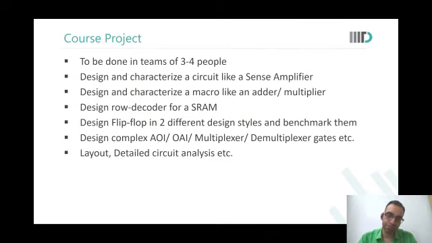Regarding this, there were many under the complex gates, and then there was a sense amplifier. So sir, can you give an idea about this? Actually, this is something very new. Sense amplifiers are circuits which are used inside memories to amplify a small differential on bit lines.